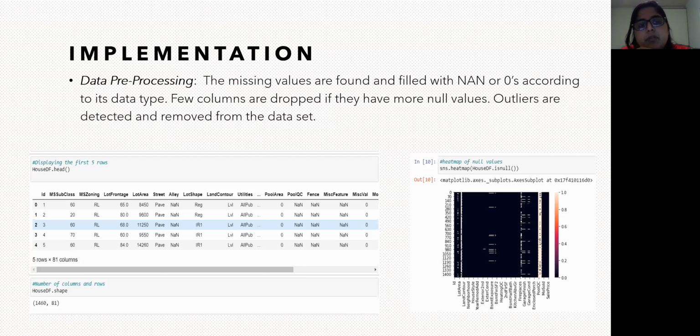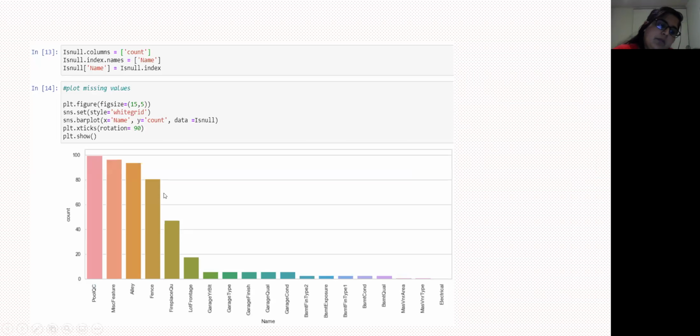If your accuracy doesn't boost up, then you have to drop some of the columns which have more null values, for example pool QC, misc feature, alley, fence, and fireplace QU have more null values, so we have dropped these.